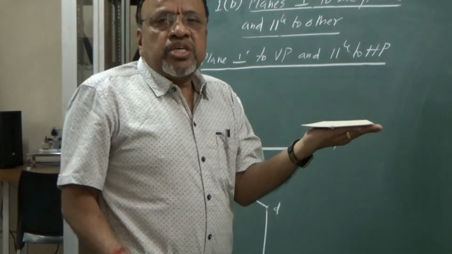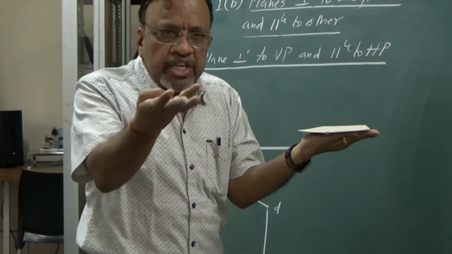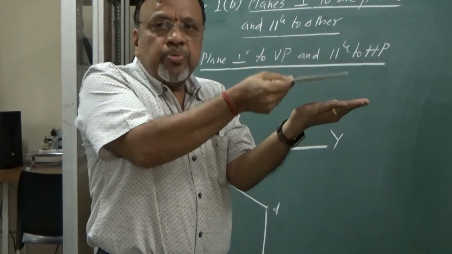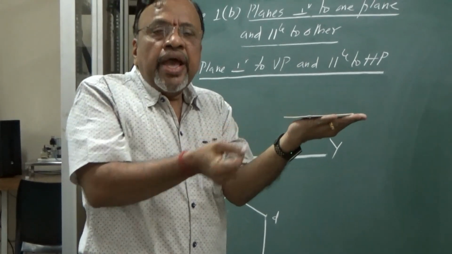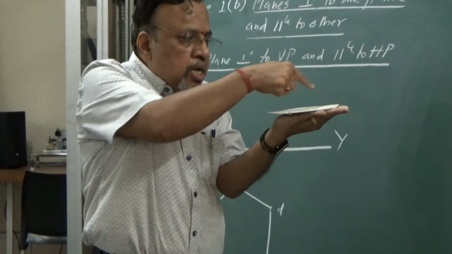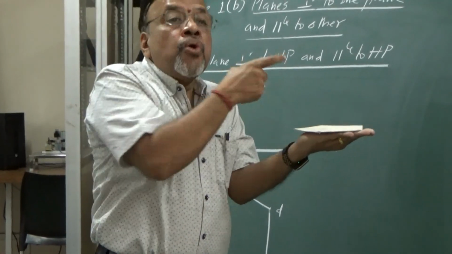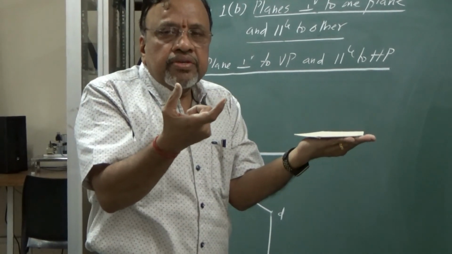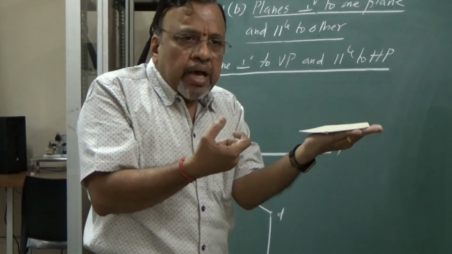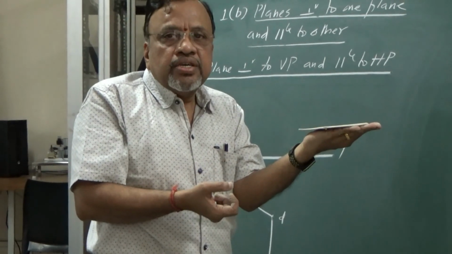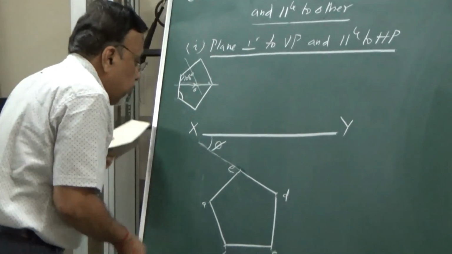Since it is not mentioned, I can consider that it is on HP itself. So what do I mean by on HP? On HP means it is on the XY line itself. That would say that this particular lamina, which is seen as a line in the front view, will be on the XY line itself, which indicates that this particular lamina is on HP. Is it okay? So let me draw that.